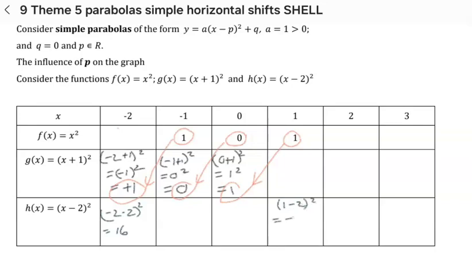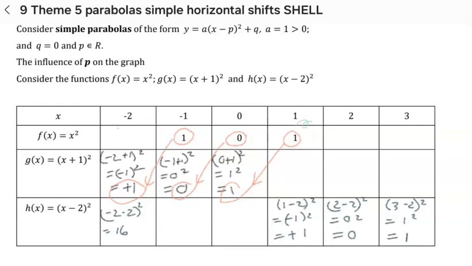I will get negative 1 squared, which is equal to plus 1. And if I put in 2 here, (2 minus 2) squared, I'll get 0 squared, which is equal to 0. And if I put in 3 there, I get (3 minus 2) squared, that's equal to 1 squared, which is equal to 1.